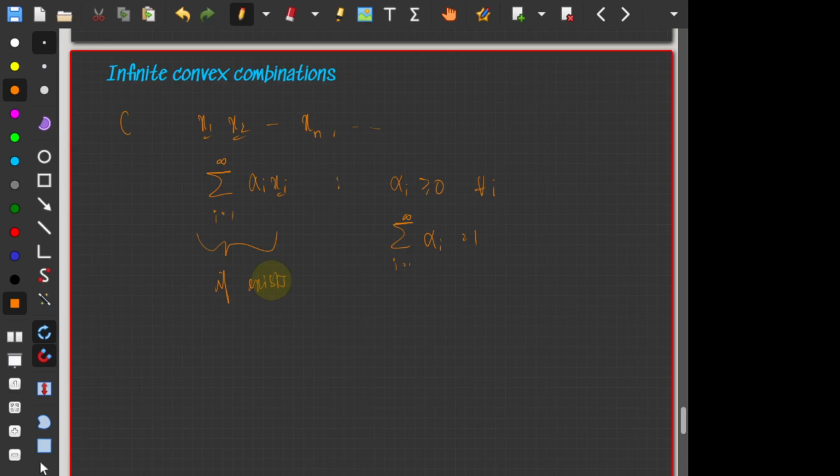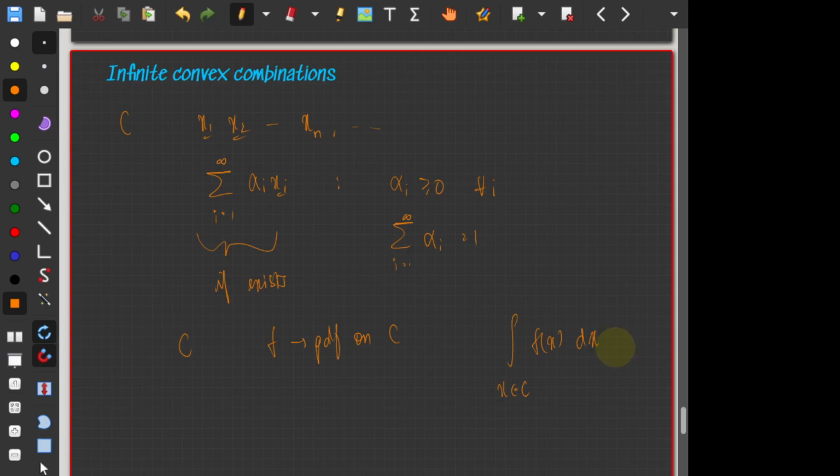Right? It sometimes can be generalized even further, not just countably infinitely many points, but even uncountably infinitely many points. So for example, you take any uncountable set C and you take any probability density function on C, right? So what can you say about the integral over x in C of f of x dx?